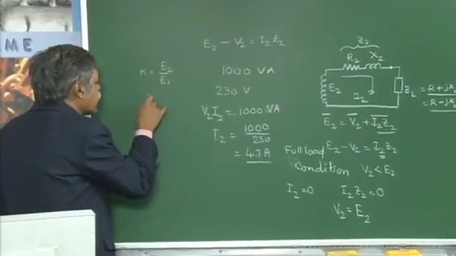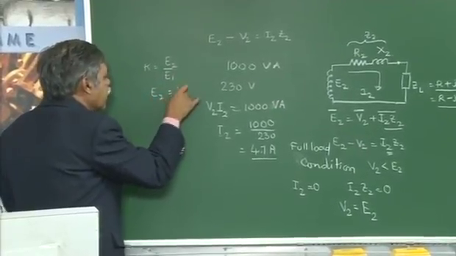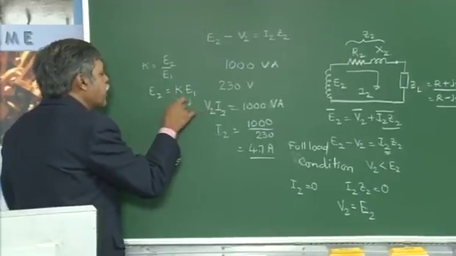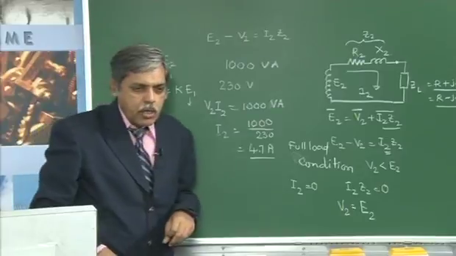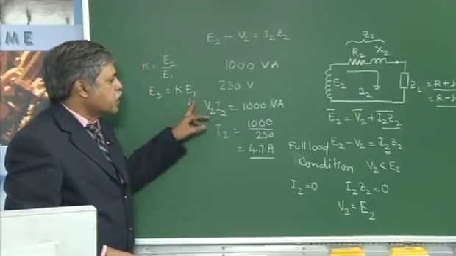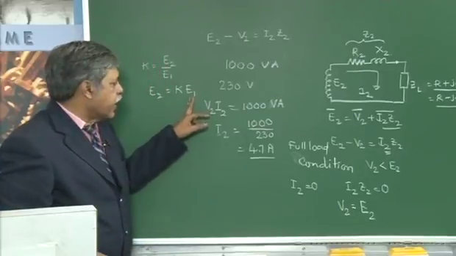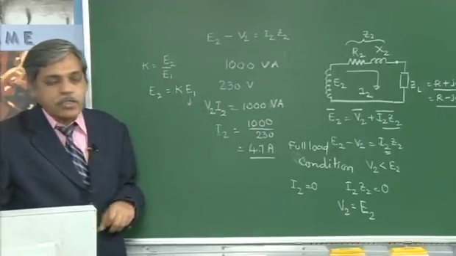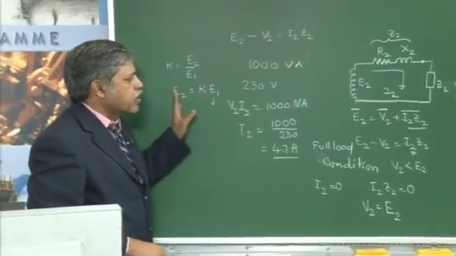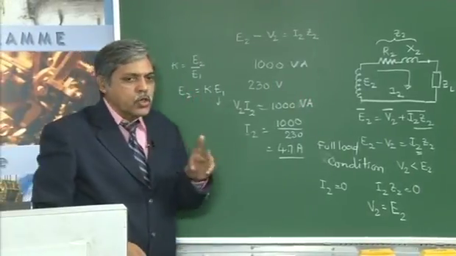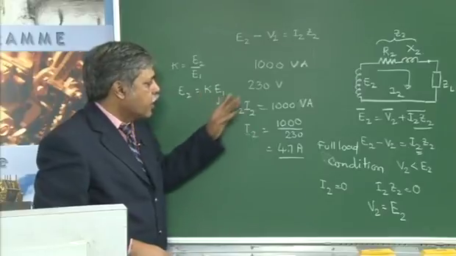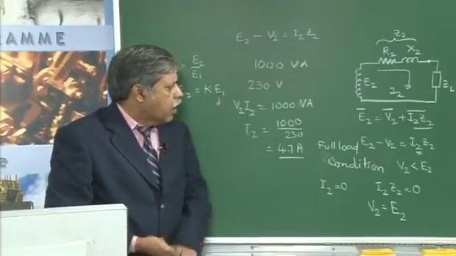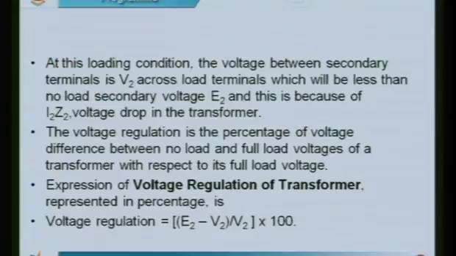So from this relationship, E2 depends on E1 through K, and E1 depends upon the supply voltage, because the flux which is responsible for the voltage E1 induced in the primary winding depends on the supply voltage. Therefore, the supply voltage or the primary voltage should be kept constant while calculating the regulation for the transformer. So, this is about voltage regulation.